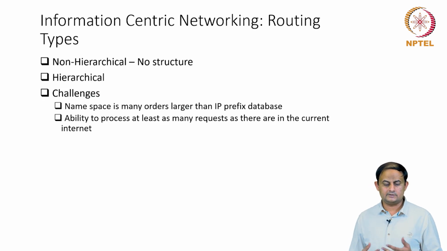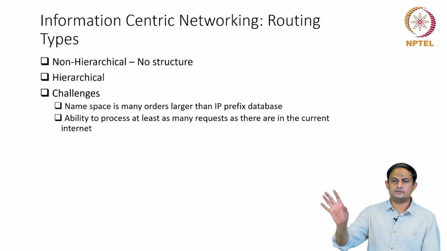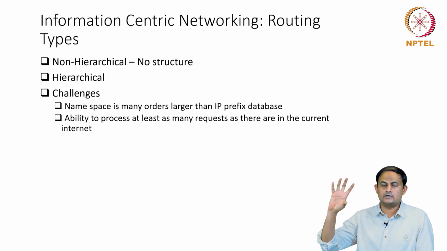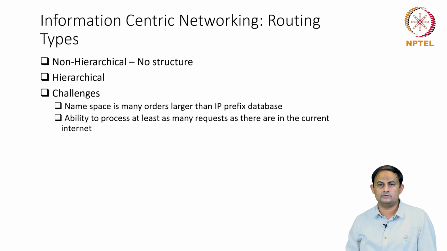It also helps us minimize the control channel data exchange, because once the routing tables are compressed, they are of smaller size, which means you exchange a smaller piece of information with the other neighbors in the network.